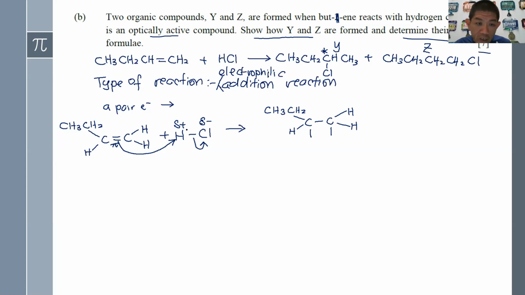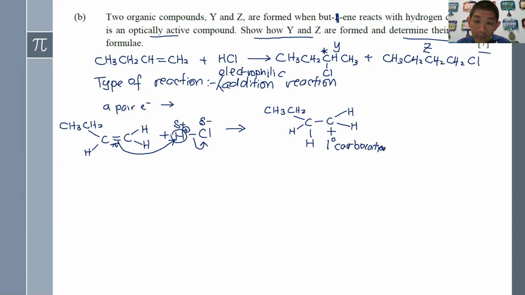So you are attacking H, which is bearing partial positive, then it will become H plus eventually. So you imagine one of the carbons takes the H, another carbon will take the plus. So if this one takes the H, then this one will take the plus. So this will form what we so call a primary carbocation.